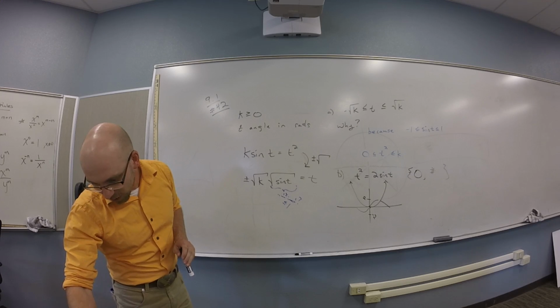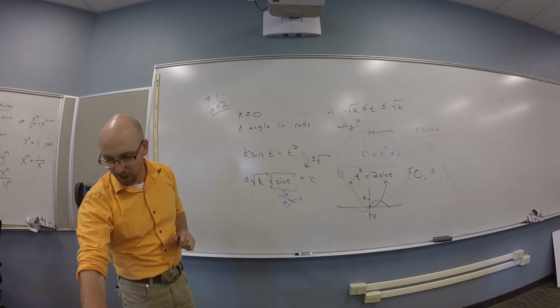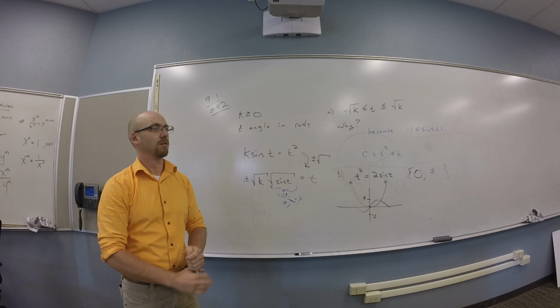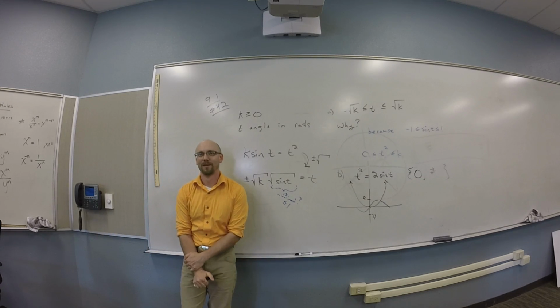All right, so explain why the equation has more solutions for larger values of k than it does for smaller values of k. It's because the sine wave reaches higher and that thing goes higher too.